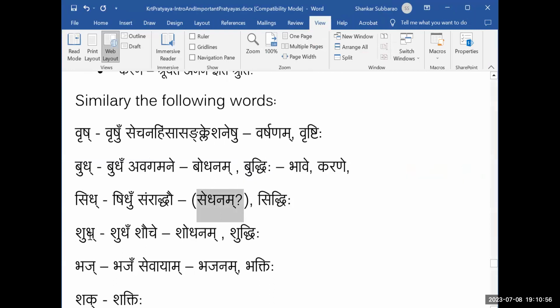All right. Shuddh. And whoever wants to answer, please raise your hand. That way, everybody gets a chance. Shuddh. Shauche. Cleanliness. What does shodhanam mean now? Cleaning. Shuddhi.